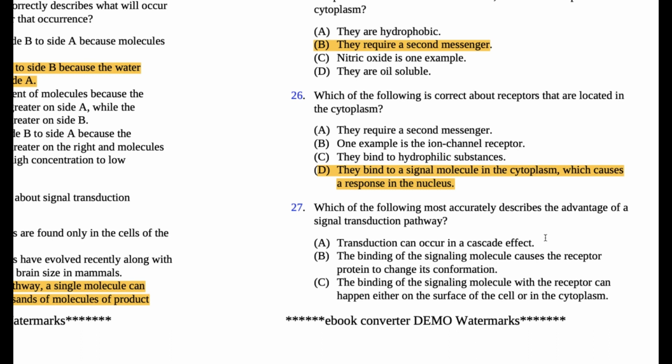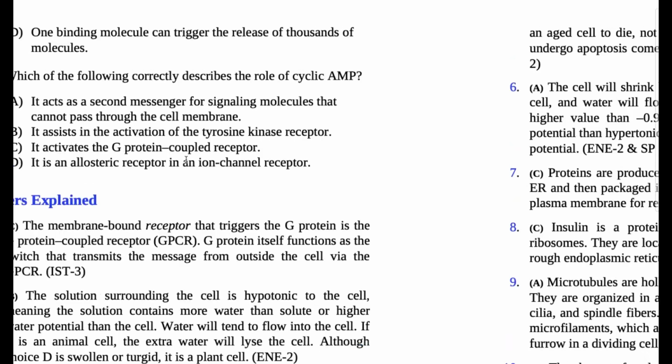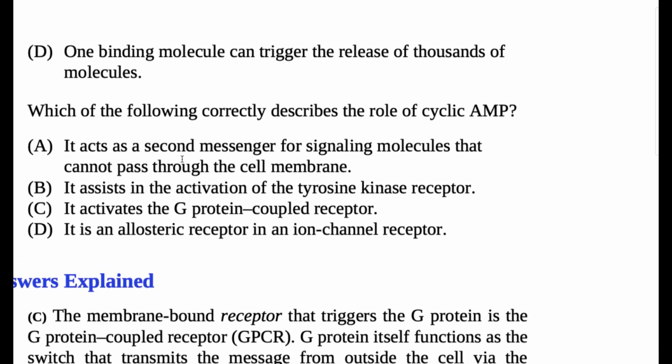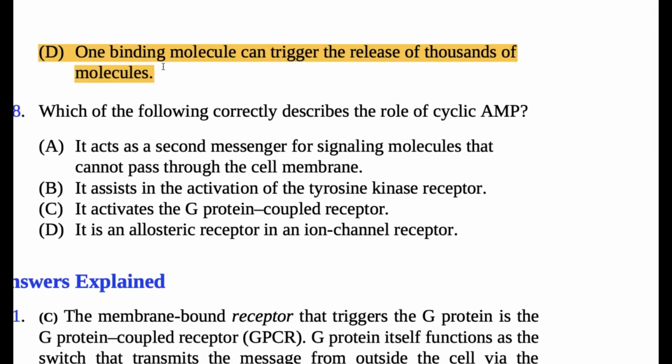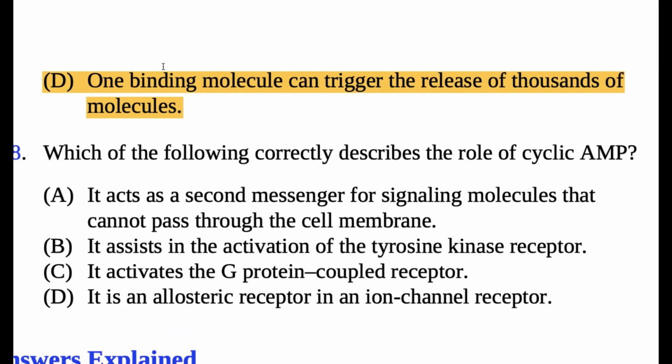It needs to be further elaborated. The binding of signaling molecules causes the receptor protein to change its conformation. And so, that's not actually an advantage, that's not clear. Binding signaling molecules can happen on either the surface of the cell or cytoplasm. And here, one binding molecule can trigger the release of thousands of molecules, and it's exactly the amplifying advantage of the process.